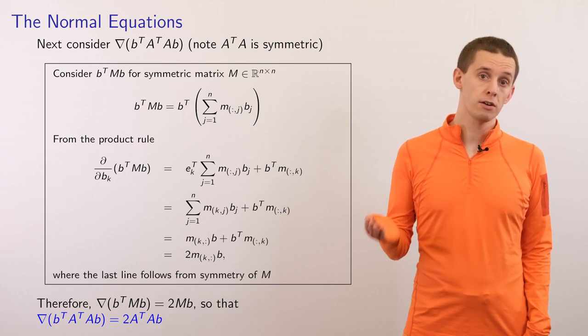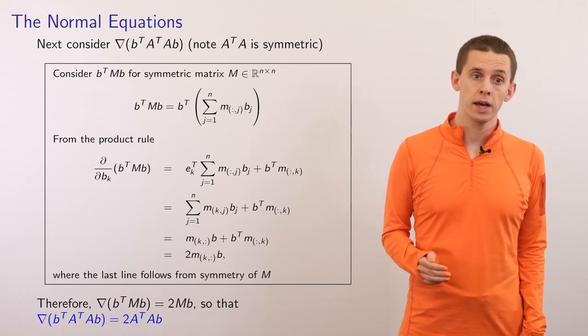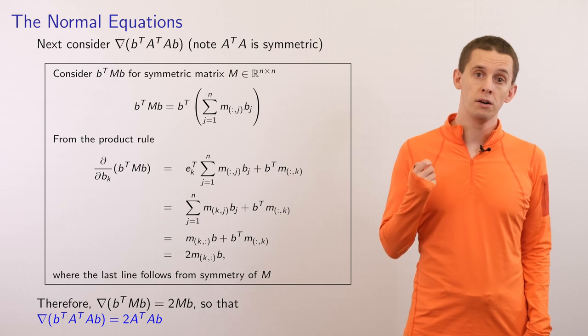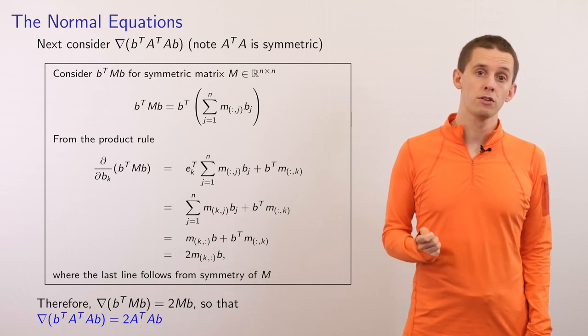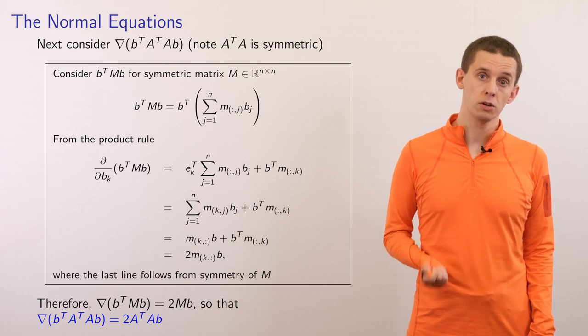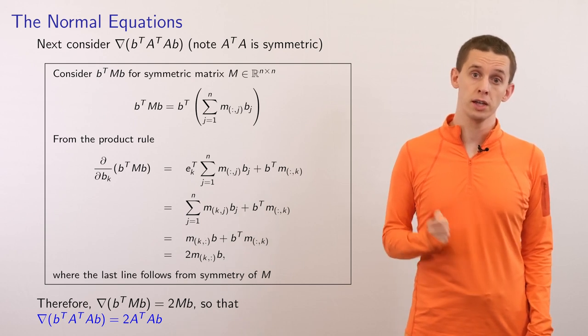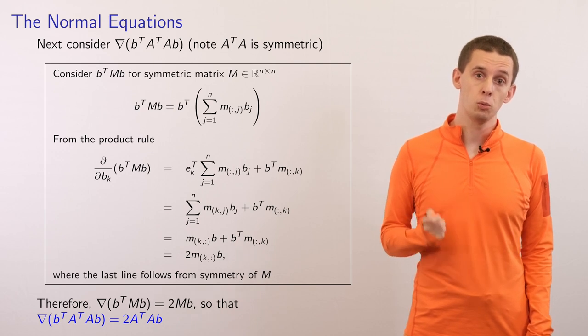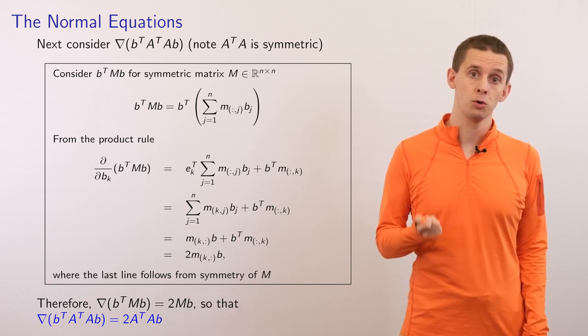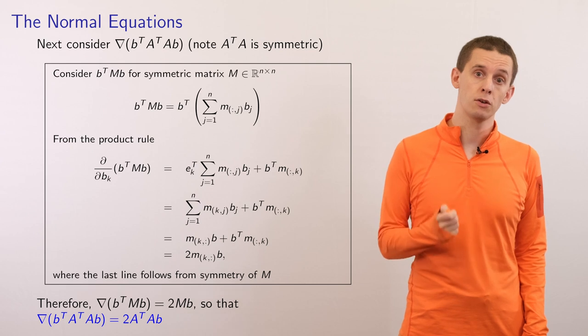If we look now at the second term, then when we do our d by db_k, the only term in the sum that will contribute is the corresponding b_k term. And therefore, the second term will become b transpose times the kth column of M.